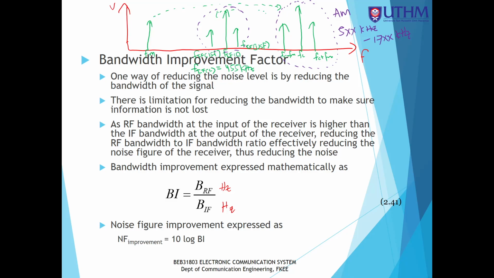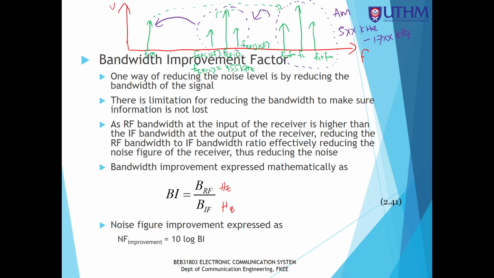The receiver will down convert into intermediate frequencies centered at 455 kilohertz by standard. Then this will be passed to the demodulator, which does the demodulation process to produce a single frequency output, which is the modulating signal frequency.